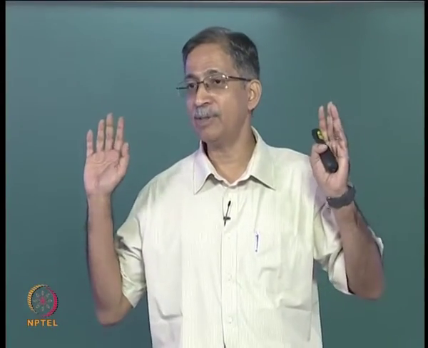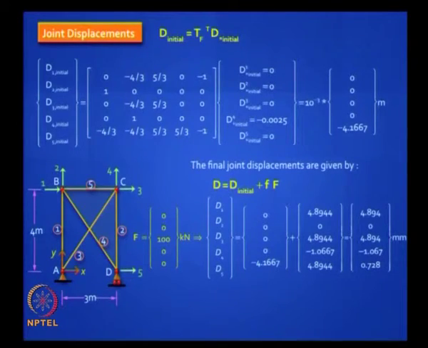It is a very powerful matrix, have you got it? So I have got the joint displacements caused by lack of fit. The final joint displacements is this plus what I got from the 100 kilonewton. So I just have to add it up, that is my answer, I have finished the problem.